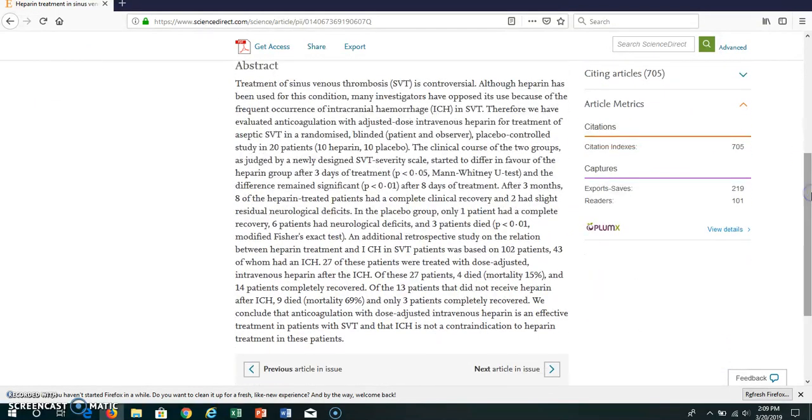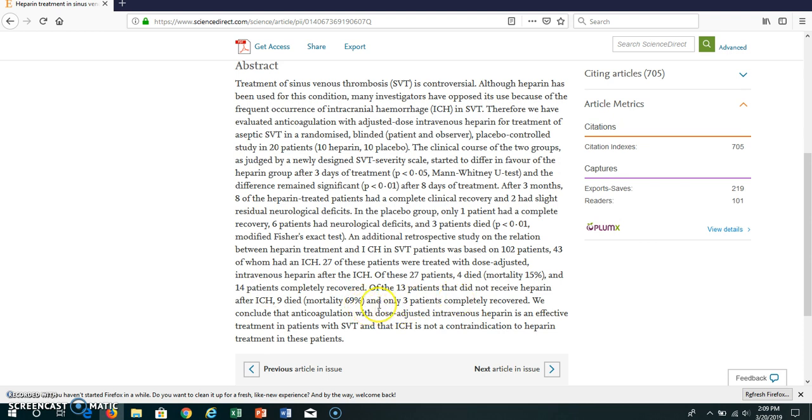sinus venous thrombosis. And this research is good because it states that they have done this research, and though a lot of patients died, as it states, it did have positive outcomes because some patients were completely recovered.